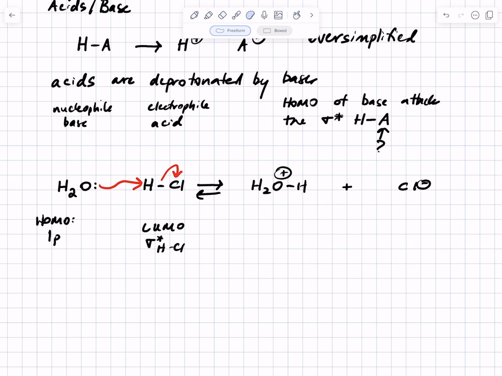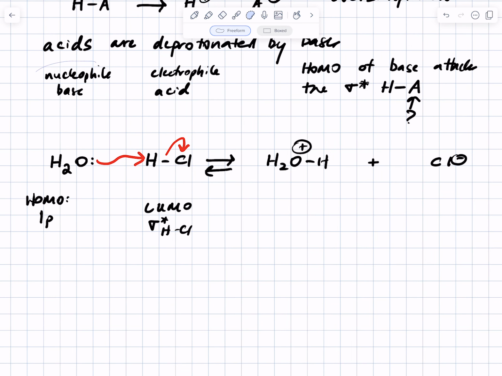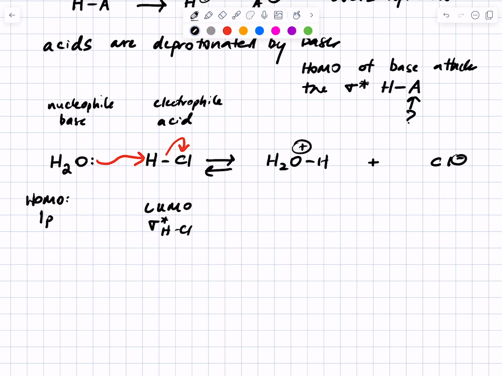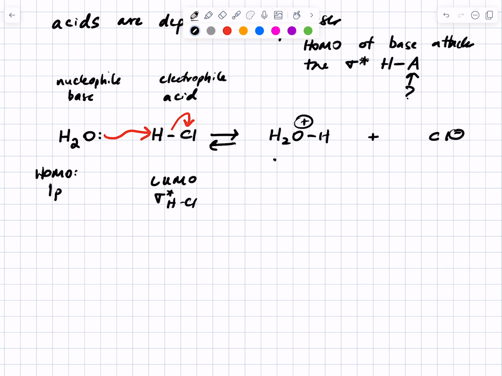So we want to introduce a couple of new terms. If water is the base, as we said, on the other side of the equation, water becomes H3O plus, and we will call H3O plus the conjugate acid of the base.